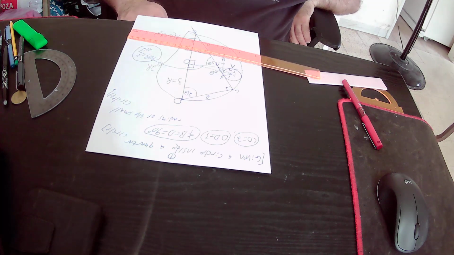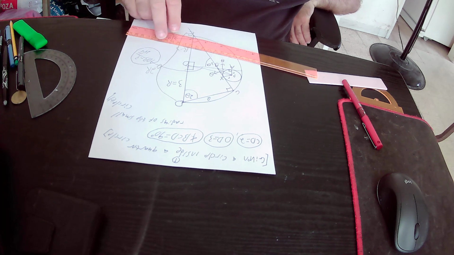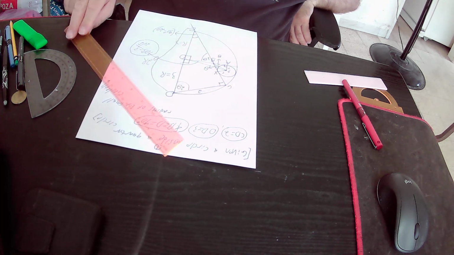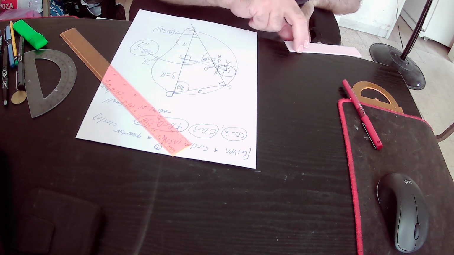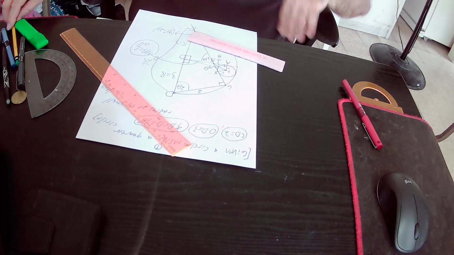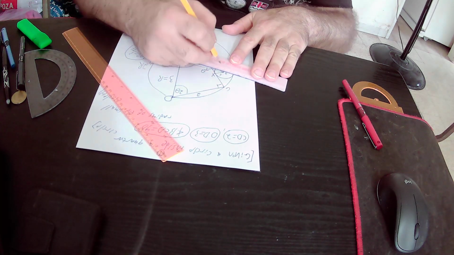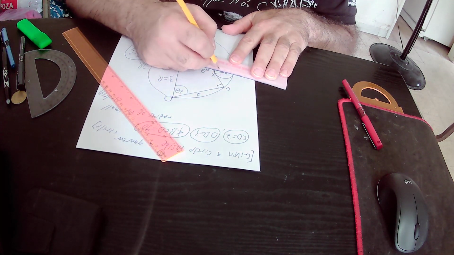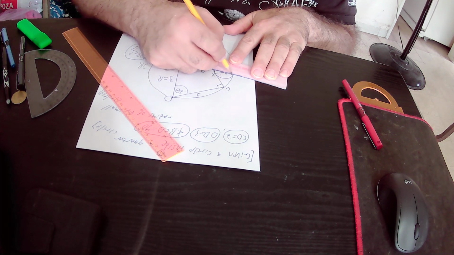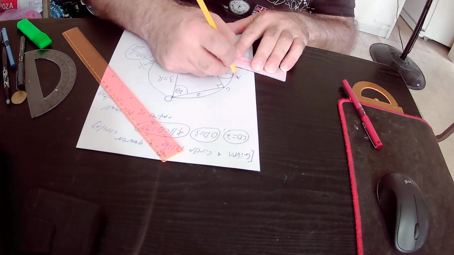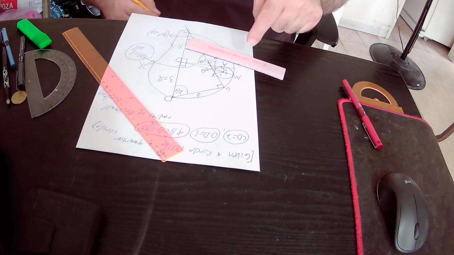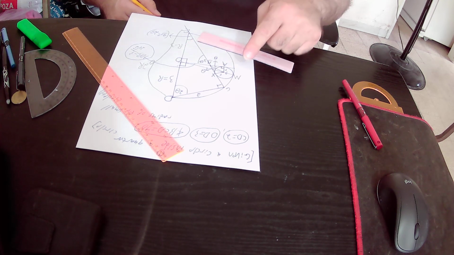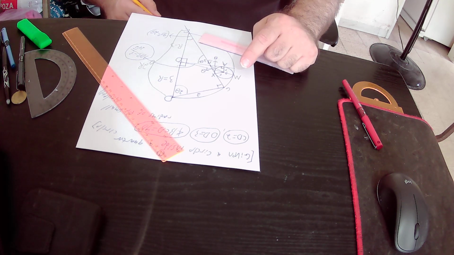In the next step, we will extend the hypotenuse OP until it touches the two circles at point M.